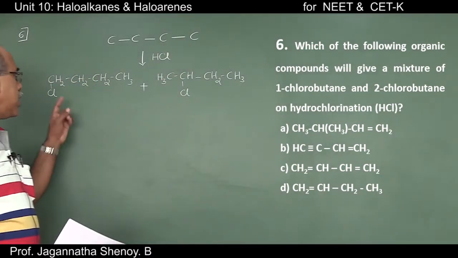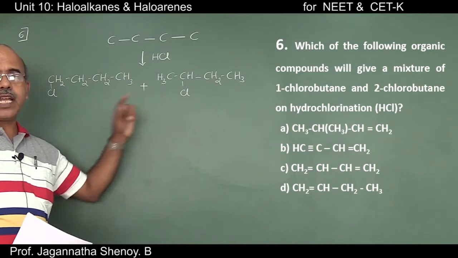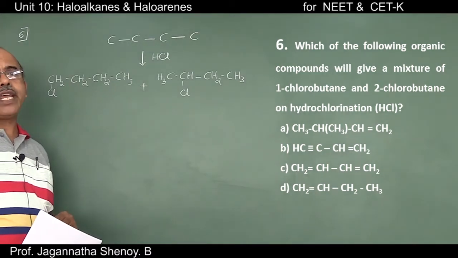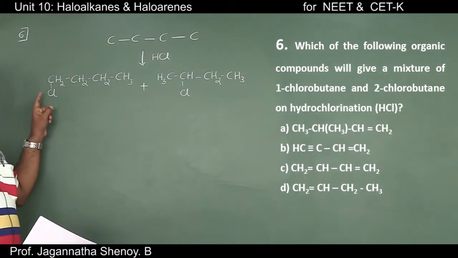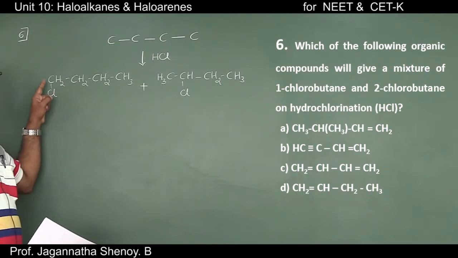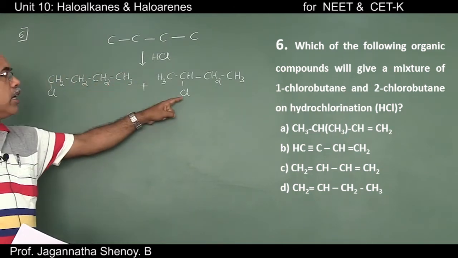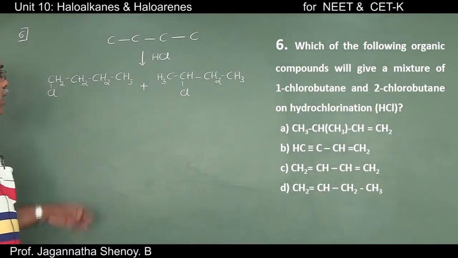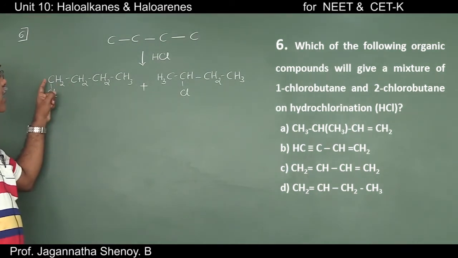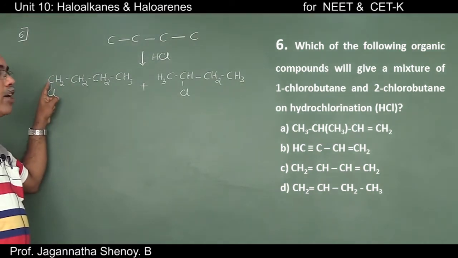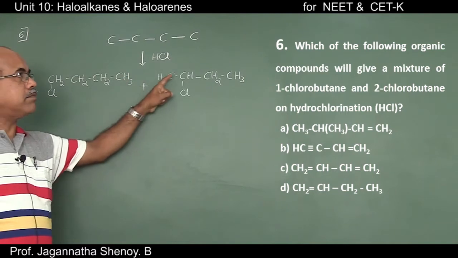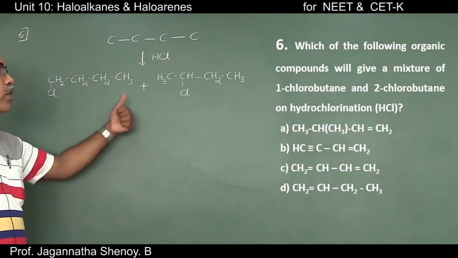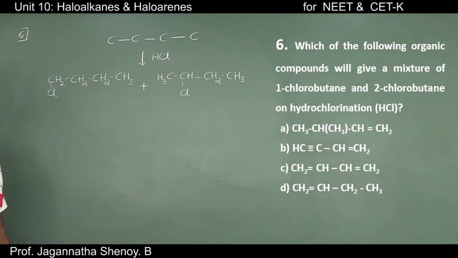From the products of the reaction you come to know very clearly that the chloro group should get added either to the first carbon atom or to the second carbon atom. So this clearly tells you that the unsaturation has to be present between the first and second carbon atom. Then only it is possible to get a mixture of these 2 products.